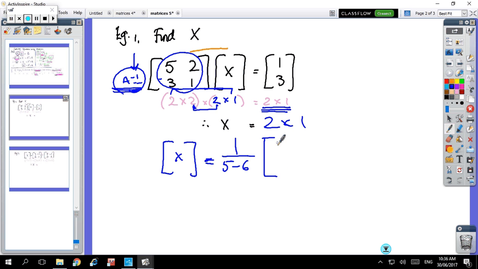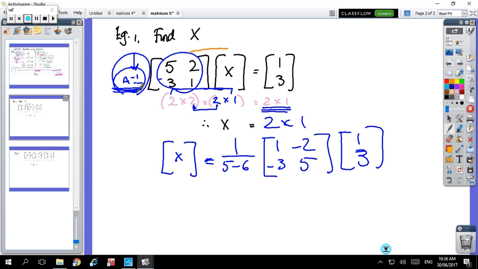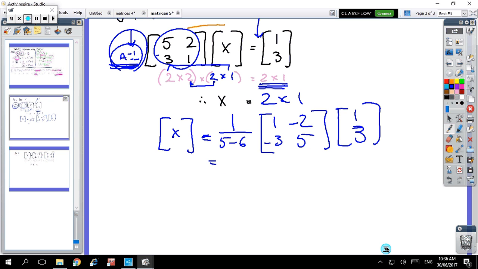Then I do my switch of my leading diagonal, then I change the signs on the alternate diagonal. And then I just multiply by the answer on the other side. So I'm putting the inverse out the front of 1, 3. Then 5 minus 6 is minus 1. And then I do my calculation.